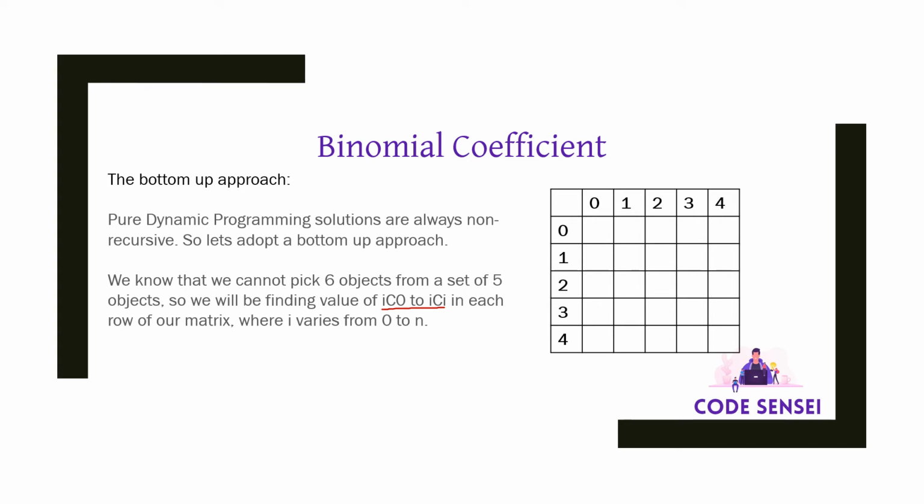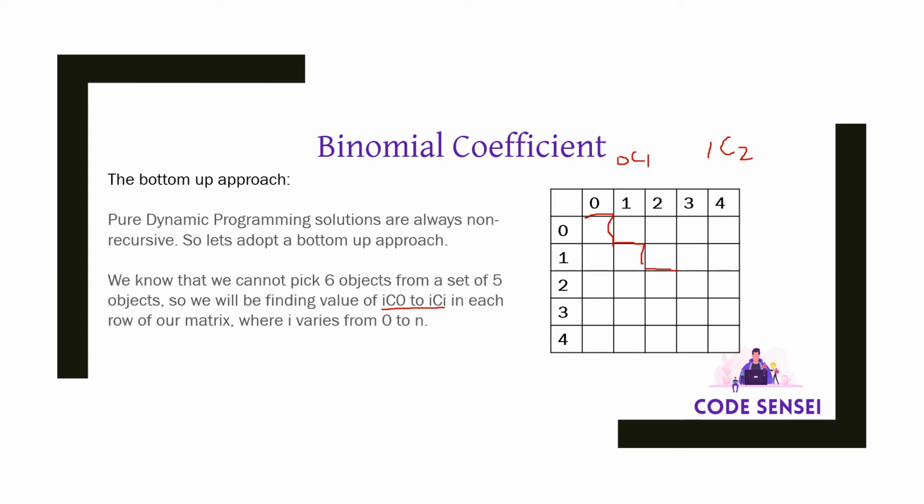For example, it just means that for 0 items, you cannot pick a number of items that is more than 0. That is, 0C1 is not possible, right? And similarly, when you have only one item, you cannot pick more than one item. That is 1C2 or 1C3. They are not possible there.